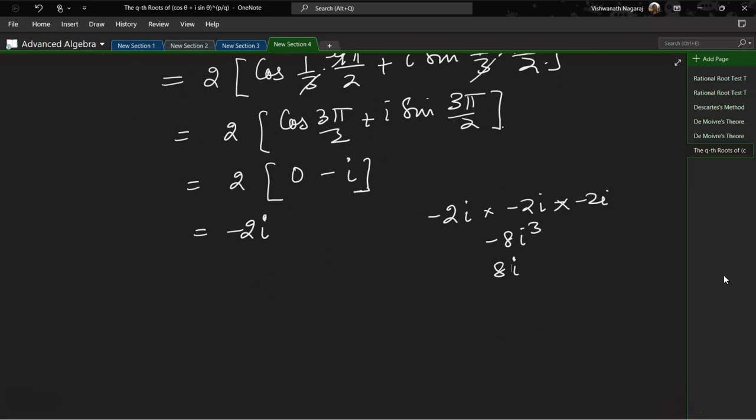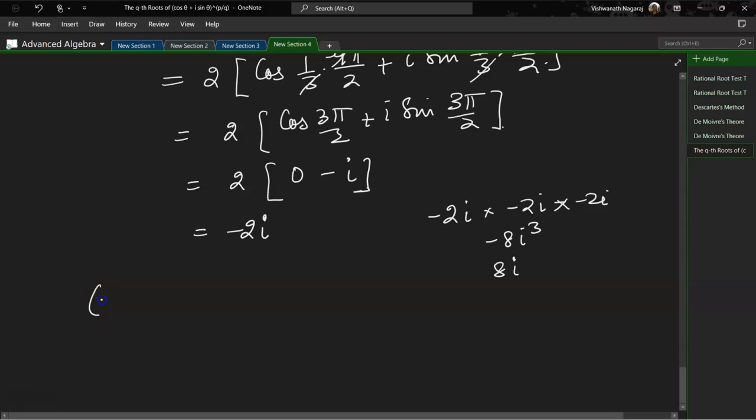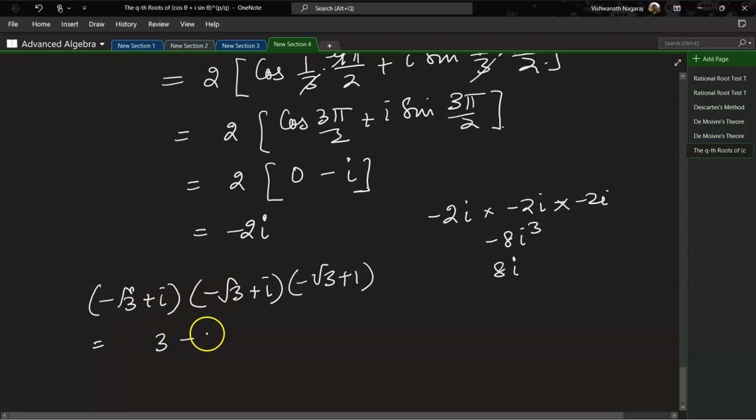Okay, let me very quickly do it. Minus root 3 plus I, minus root 3 plus I, minus root 3 plus I, which gives me 3 minus root 3I minus root 3I plus I square, which gives me 3 minus 2 root 3I minus 1.